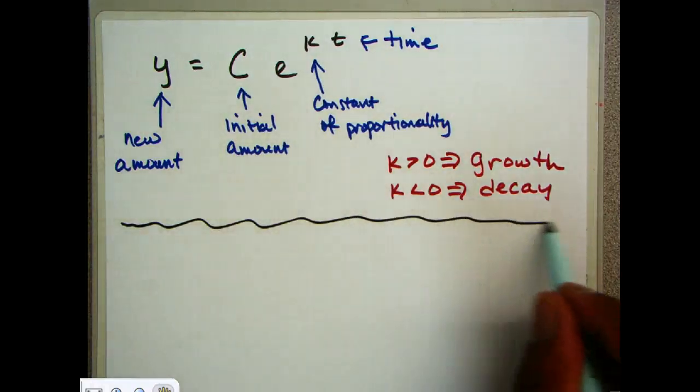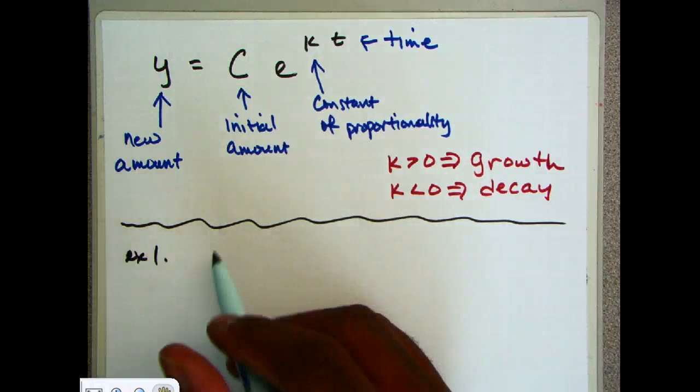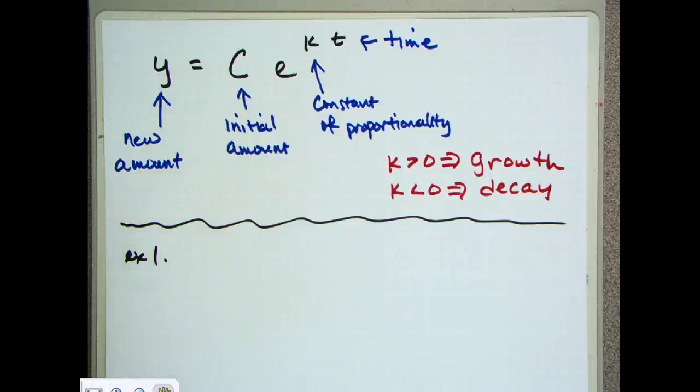Okay, let's take a look at an example. So here's example 1. We're going to take a look at an experimental population of fruit flies.